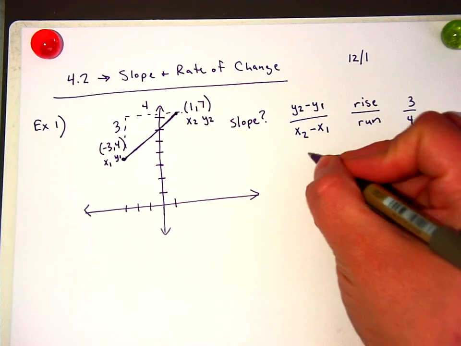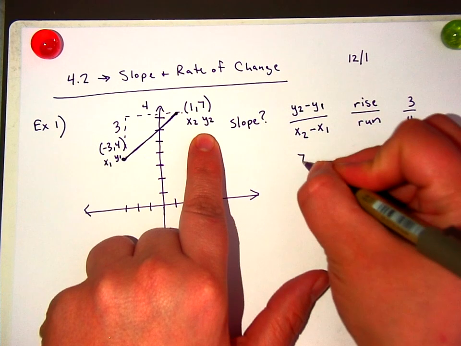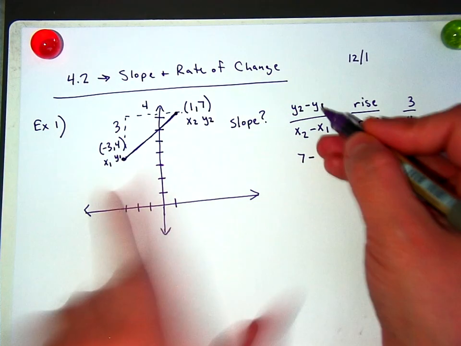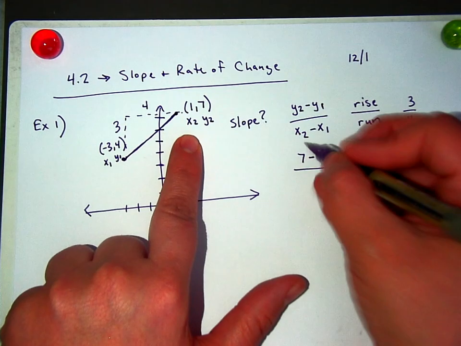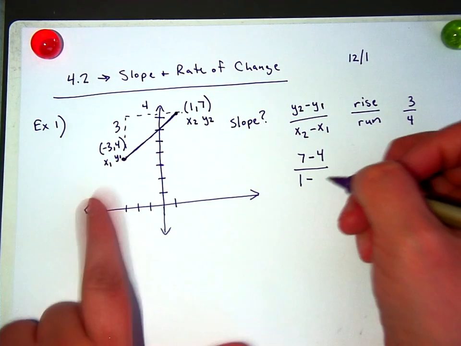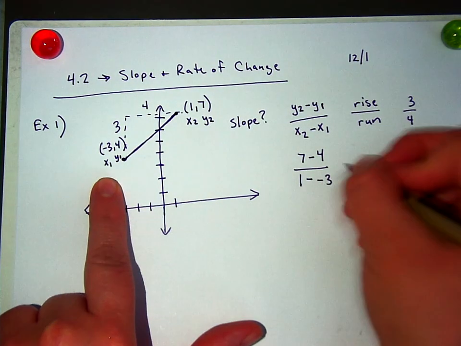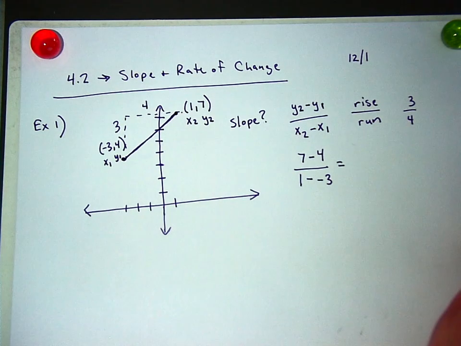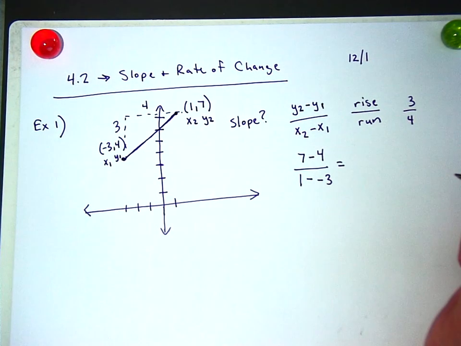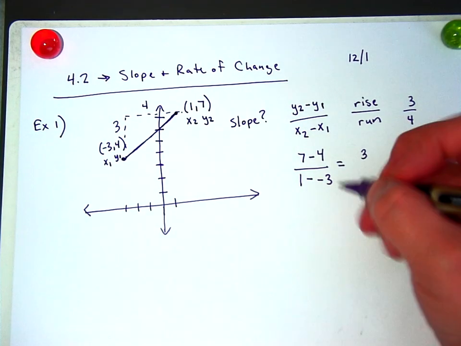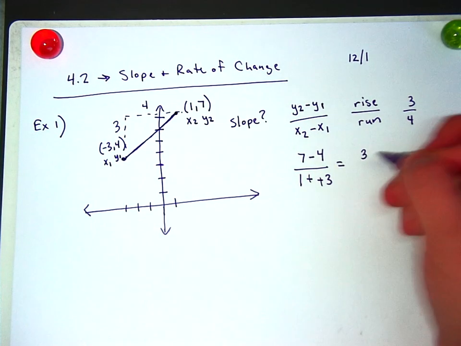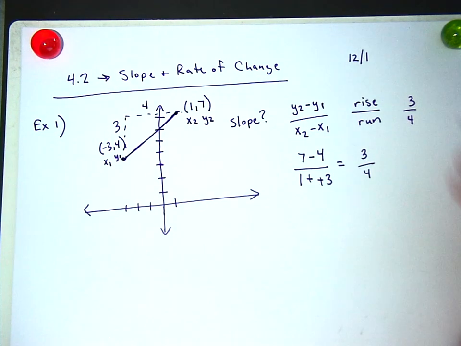And if I plug them in over here, let's see, y2 is 7 minus y1 is 4. On the bottom is 1 minus x1 is -3. What's 7 minus 4? 3. 1 minus a -3, that's plus 4. 3/4.